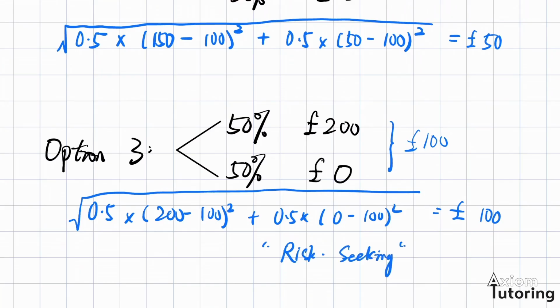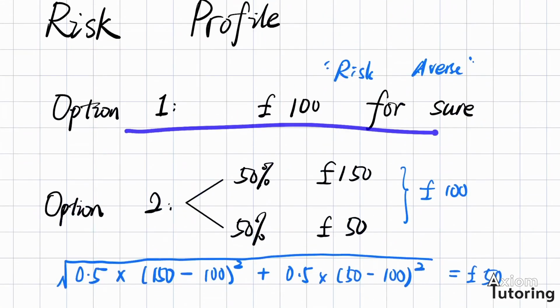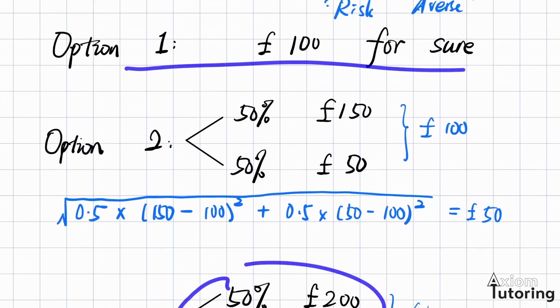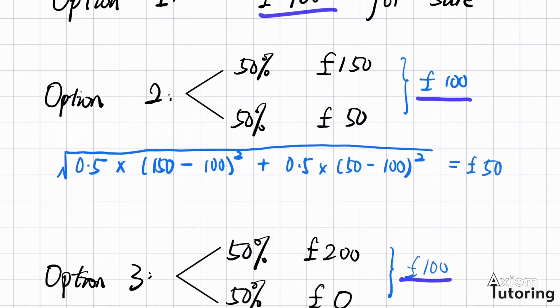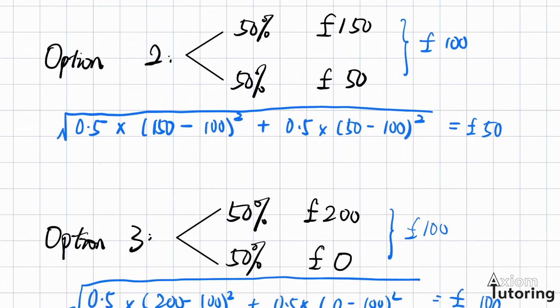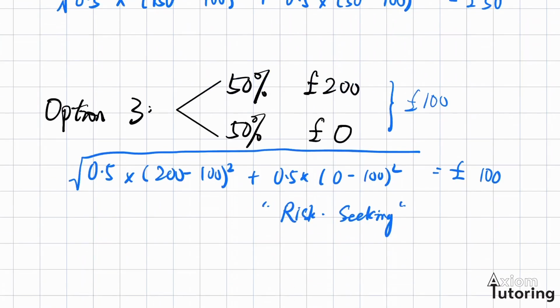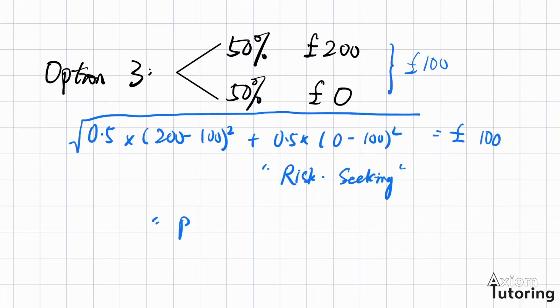They'll prefer a gamble rather than a safe option. But if someone finds all 3 options the same, or they're indifferent towards the 3 options because they provide on average the same expected value, we call these risk profiles risk neutral, as if there are no risks involved.